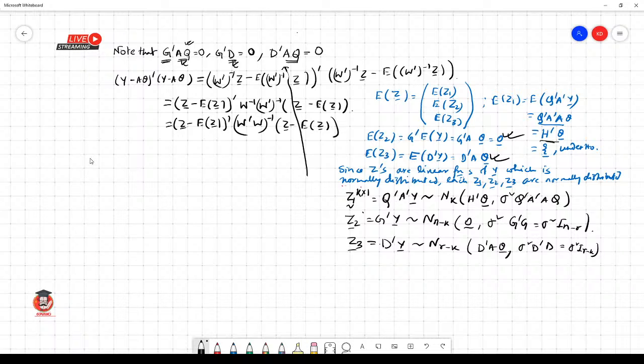So therefore W prime A prime G prime D prime, AQ GD.